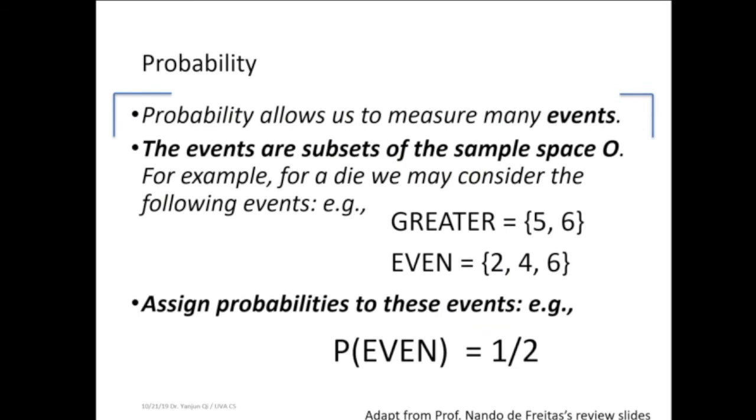So what is the even event? In fact, the even event is a subset including 2, 4, 6, right? Because it's an even number from the throw of the die. Then P(even) is 1/2, assuming every face has uniform probability when you're throwing the die.